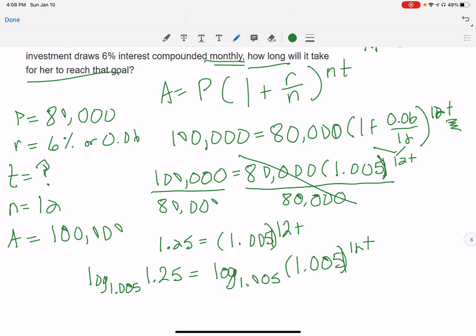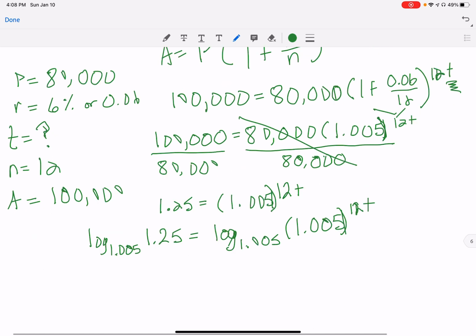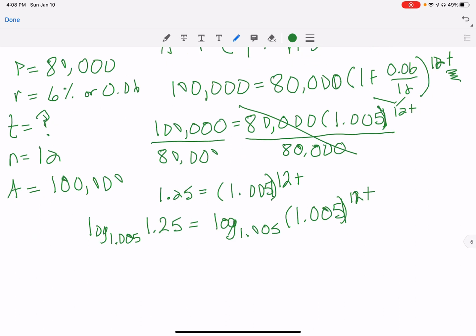Okay, so when I take the log of both sides, that cancels that out, leaving me with log base 1.005 of 1.25 on that side, equals 12t, and that brings my 12t down.